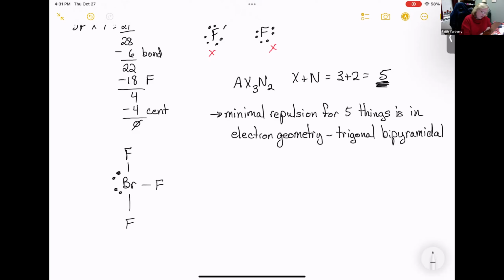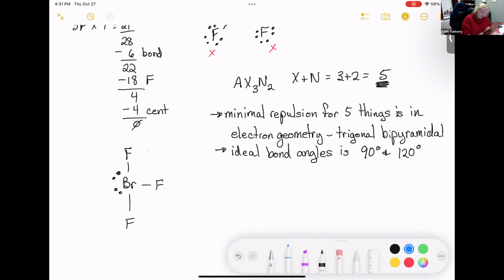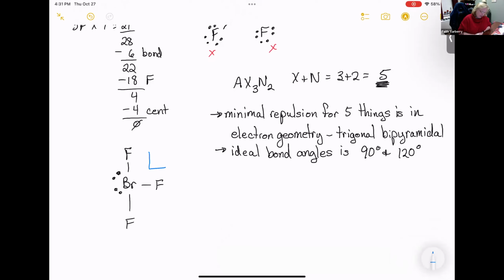Now, if this is trigonal bipyramidal, that means that the ideal bond angles are 90 degrees and 120 degrees, because the axial positions are 90 degrees from each other, but the equatorial positions are 120 degrees from each other.